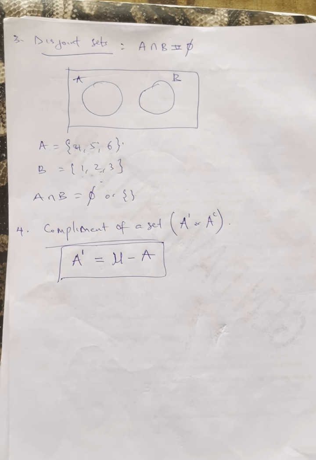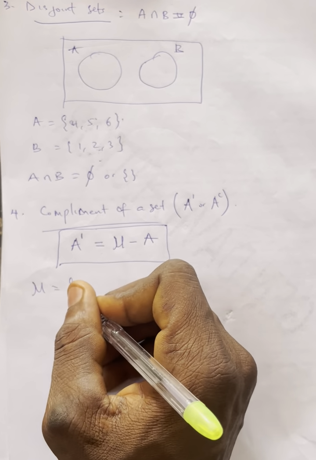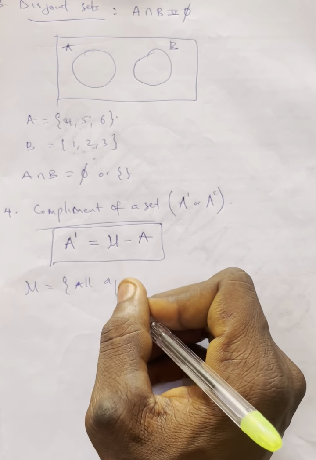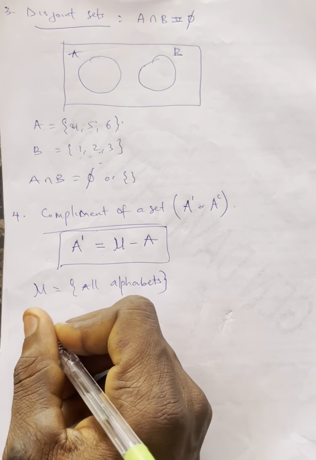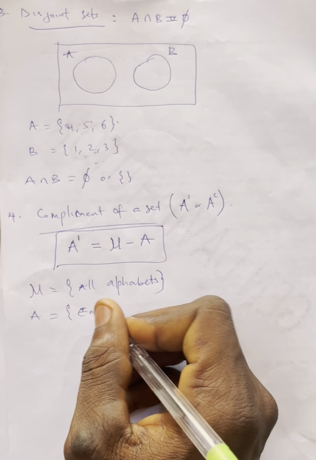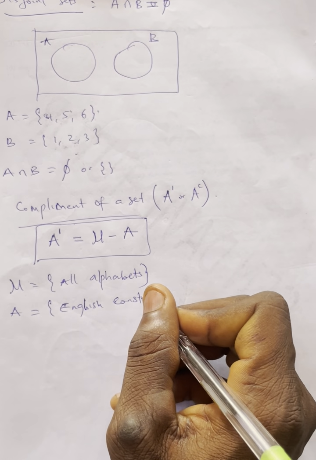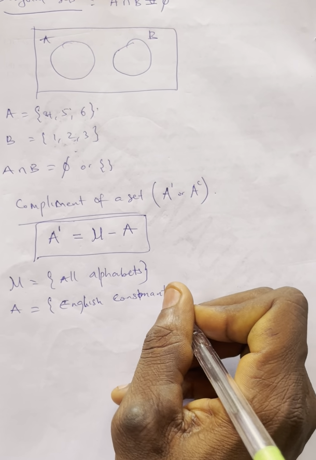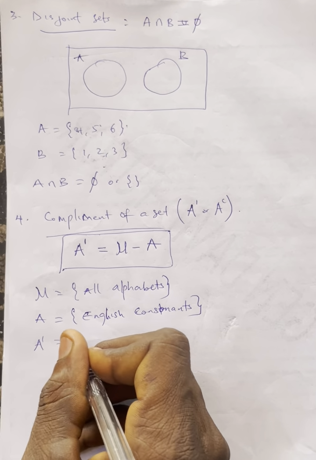Now, what are we talking about? Imagine that you have the universal set to be all alphabet. Universal set is all alphabet. You have set A to be English consonants. Now, they ask you, what is A complement?